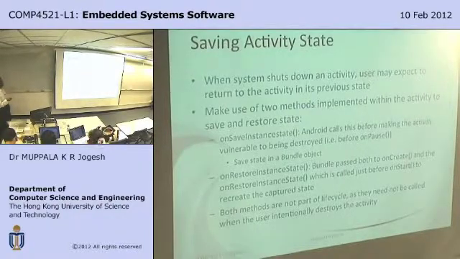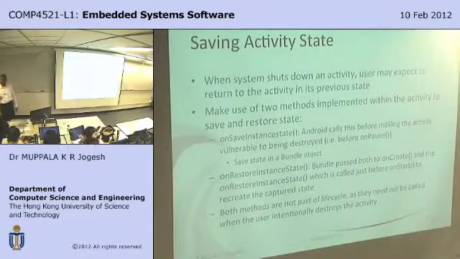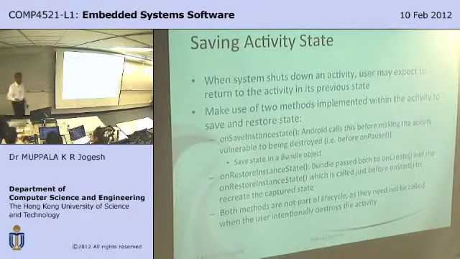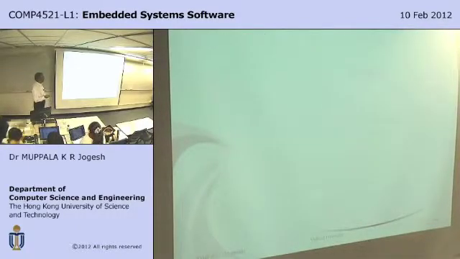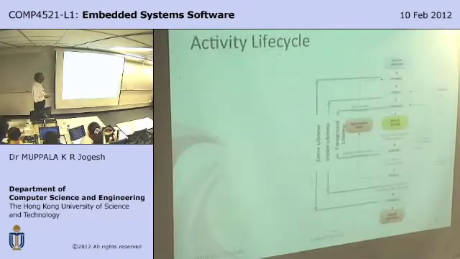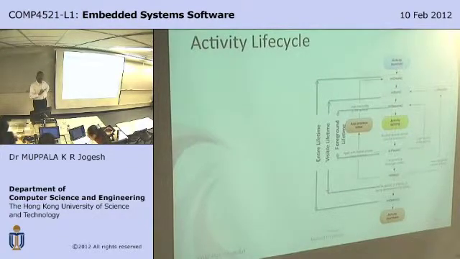Now, when the user intentionally destroys the activity, these methods are called only under circumstances when the Android system kills your activity. You realize when you go back to this lifecycle, that when you are in the stopped state, you are expecting that you would go back to that activity sometime in the future.